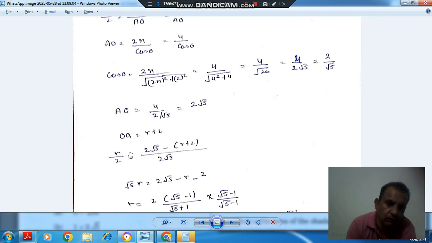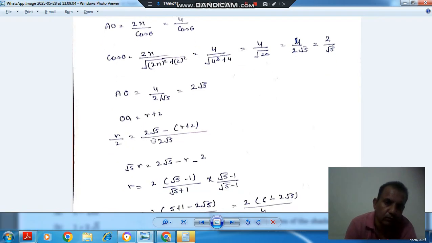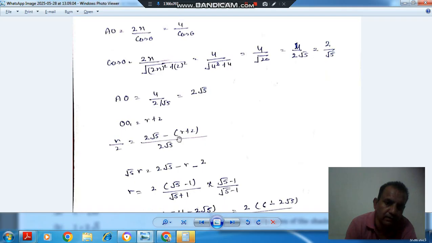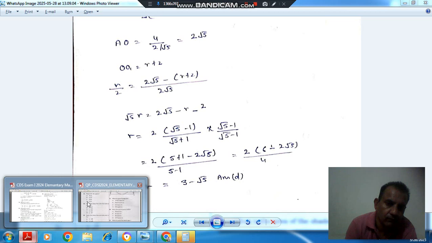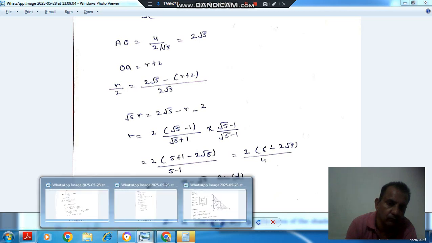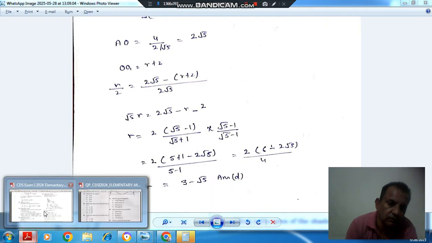So now we have the equation r by 2 is equal to 2 root 5 minus r plus 2, divided by 2 root 5. Solving this we get r as 3 minus root 5, so the answer is option D.